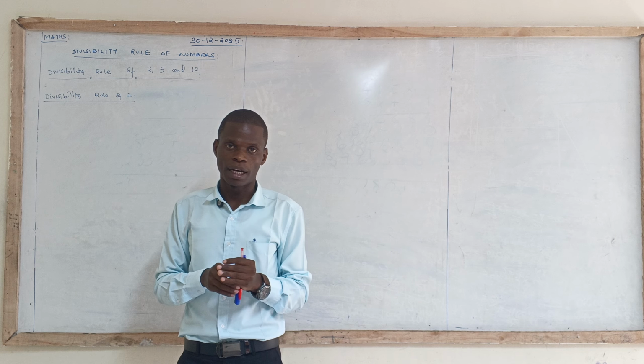So, an example here. What can you be told? You can be told to check if some numbers are divisible by 2. Check if the following numbers are divisible by 2.